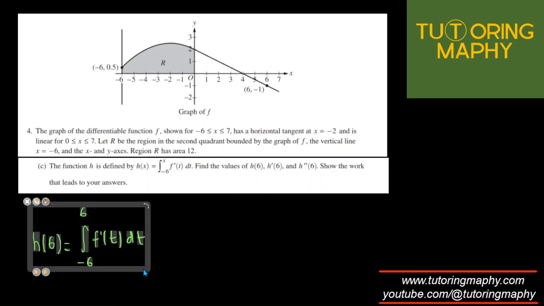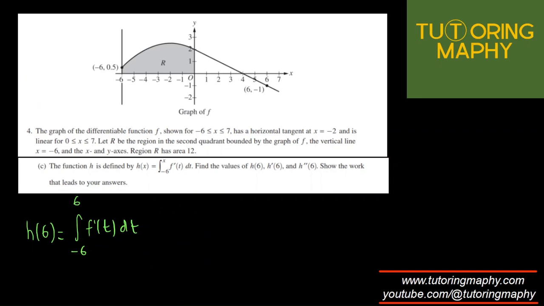The antiderivative of f prime is just f, right? So that's going to be f of t, and here I'm going to use FTC2, where I plug in the numbers. This is equal to f of upper bound minus f of lower bound. So f of 6 minus f of -6.